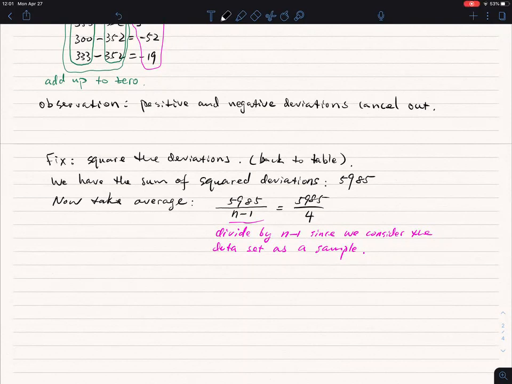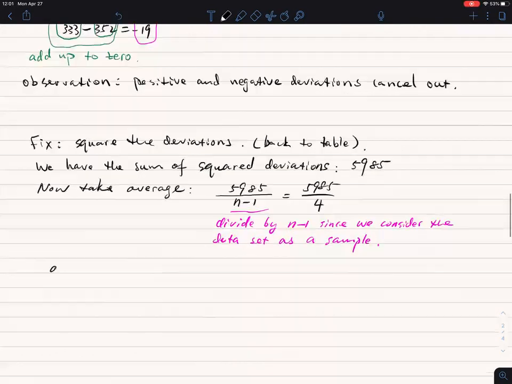Okay, and then take the square root. Why do we take the square root? Because before we do that, we raised those deviations into squares, right? If we don't take the square root, then we mess up the unit.